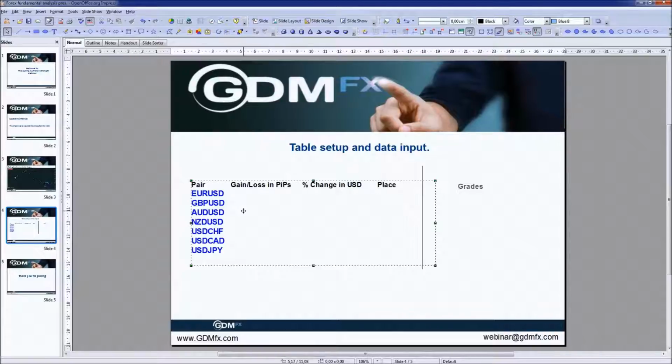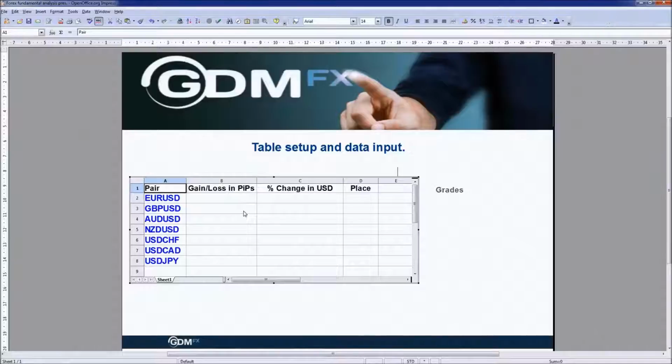Okay, I'll double click on this. You can see that this is a ready spreadsheet in this particular presentation. We can simply input the data inside. Now, what we need to set up right now are those pip sizes that I mentioned, gain or loss in pip size. So for the Euro USD, we'll just take, let's say, 63 pips in positive change.